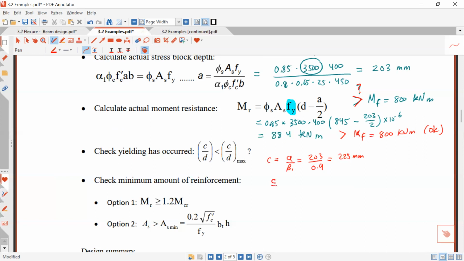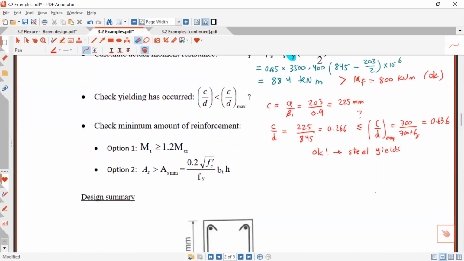That means C over D is 225 over 845, which is 0.266, and we need to make sure it's smaller or equal to CD max, which was 700 over 700 plus FY, which we said is always 0.636. Okay, so we can see here it is okay. So it's okay, the steel yields.